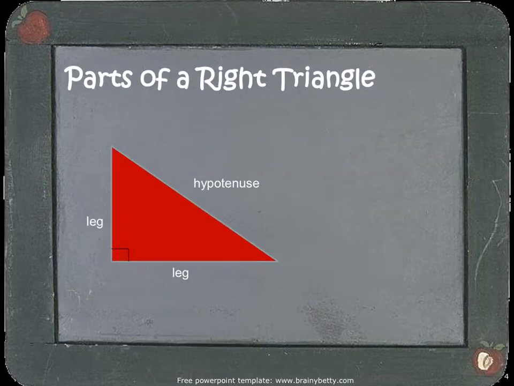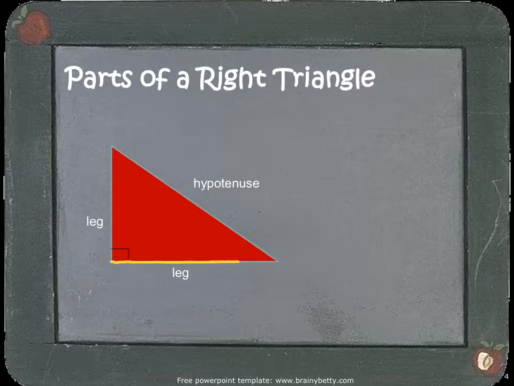All right. So before we get into HL, we need to talk about the parts of a right triangle. This terminology that we're going to use is only for a right triangle. You will never see these words on a triangle that is not a right triangle. First of all, we've got the legs.